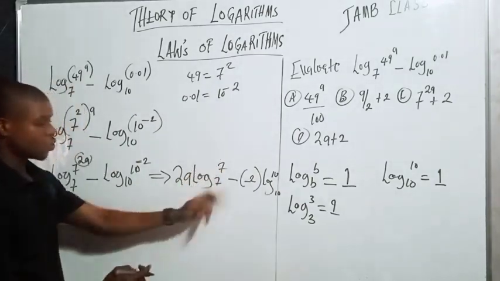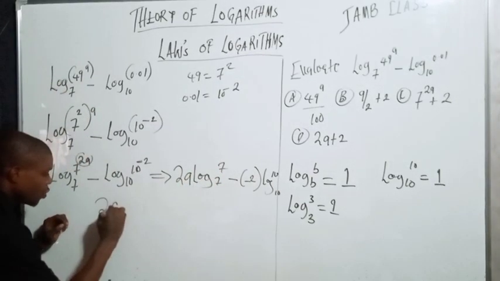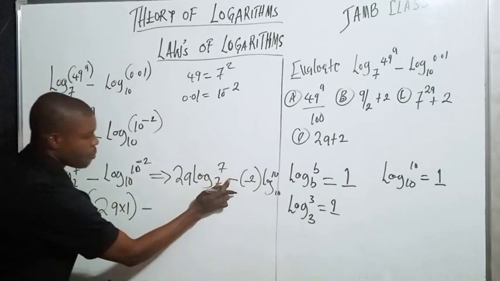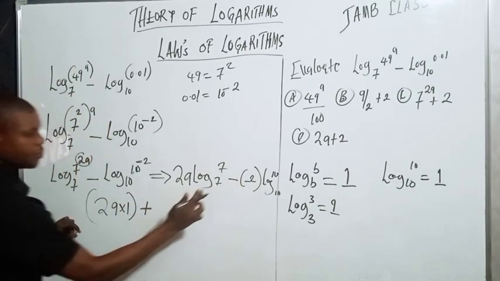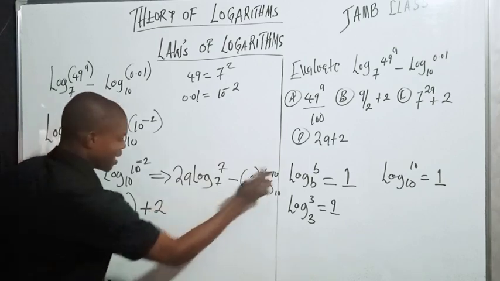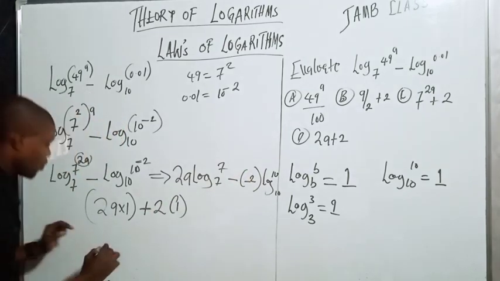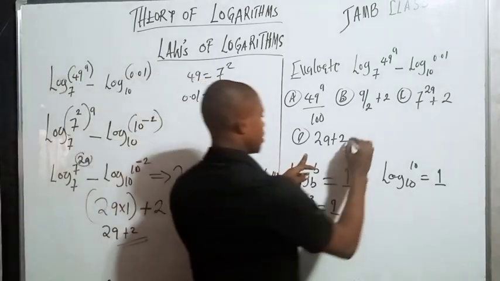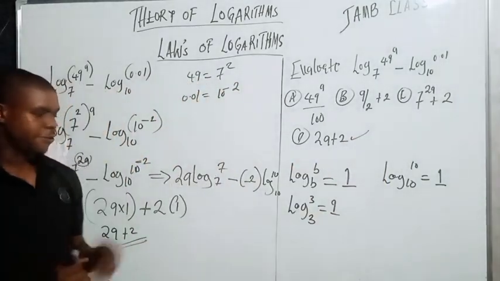Log 7 base 7 is 1, so it's 2a times 1. Minus times minus is plus, so plus 2 log base 10 of 10, which is 1. So we get 2a plus 2. The answer is D.